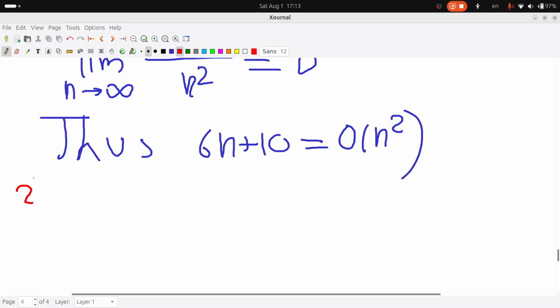For the second method, we can write the definition of little o.